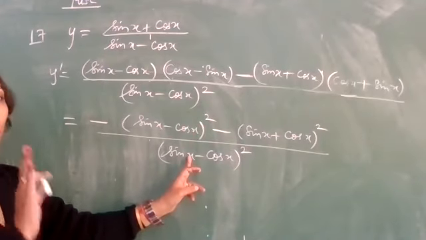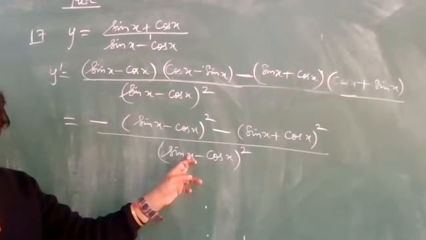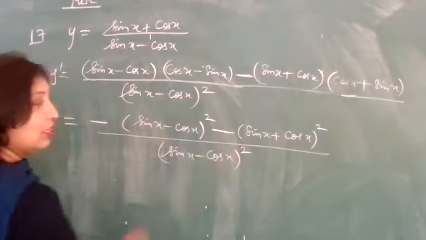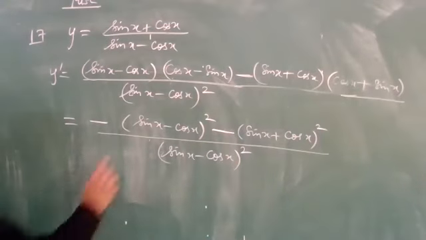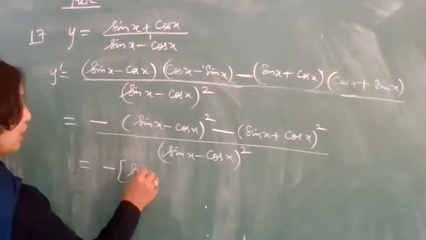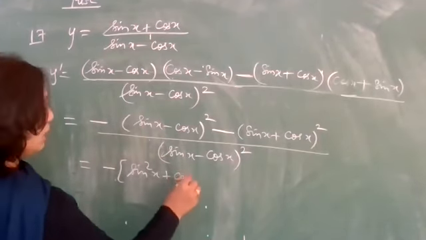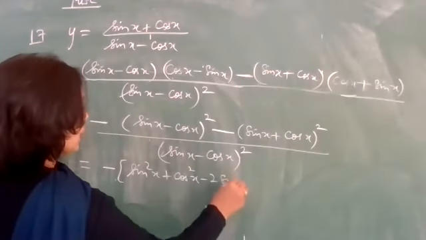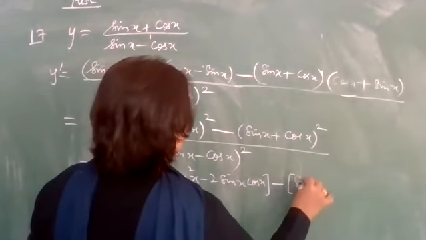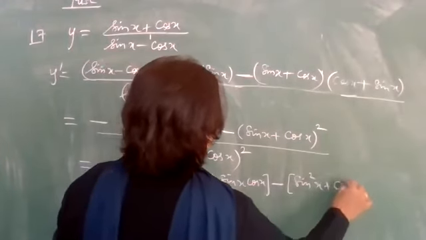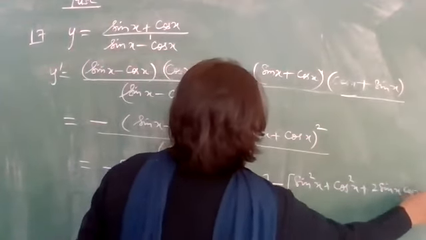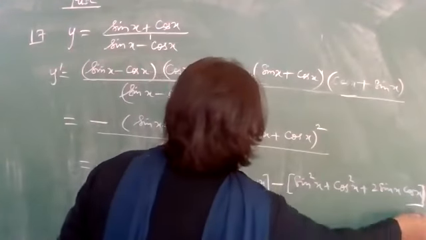Okay? No, do not cancel. Students generally make this mistake, cancelling in multiplication. But there is a minus sign here. So first of all we have to open the whole square. Minus (sin square x plus cos square x minus 2 sin x cos x), minus (sin square x plus cos square x plus 2 sin x cos x). That is (a plus b) whole square and (a minus b) whole square.